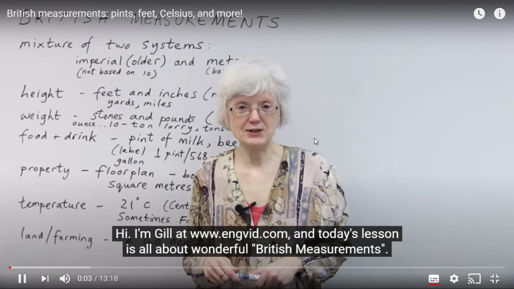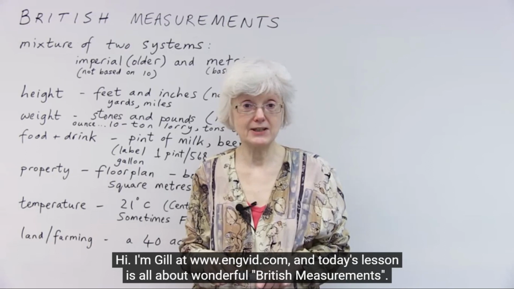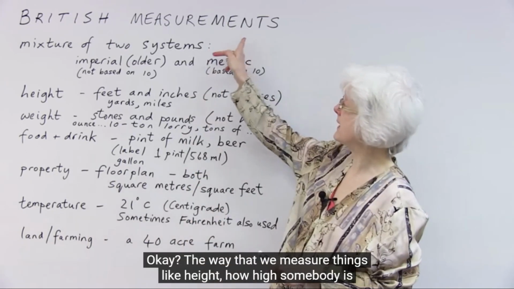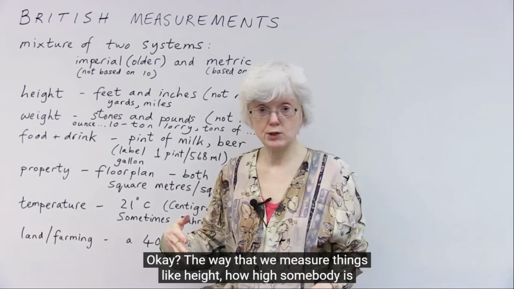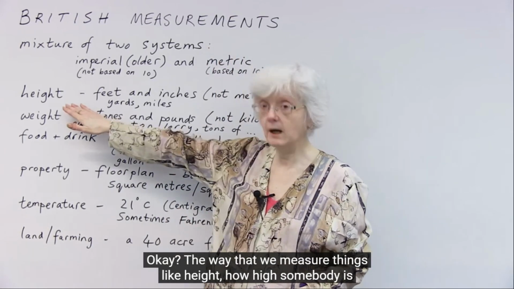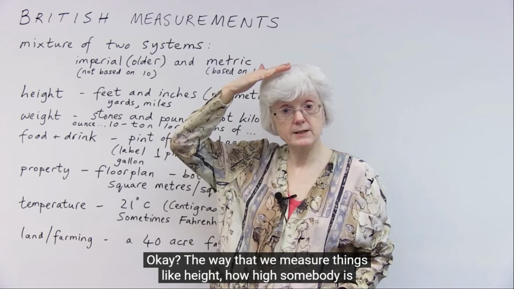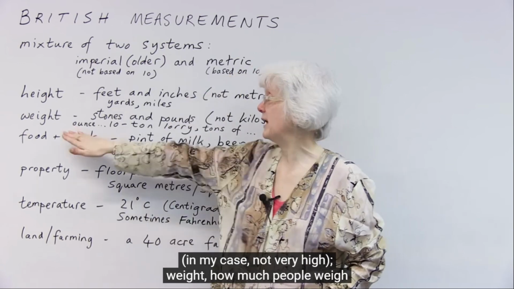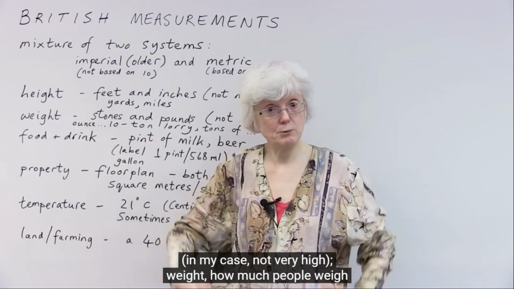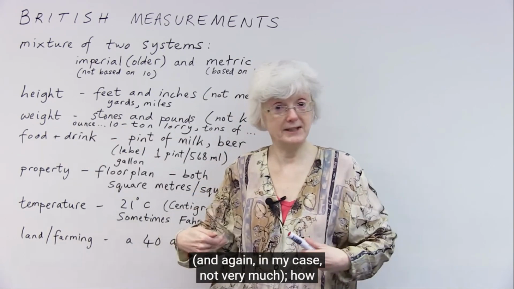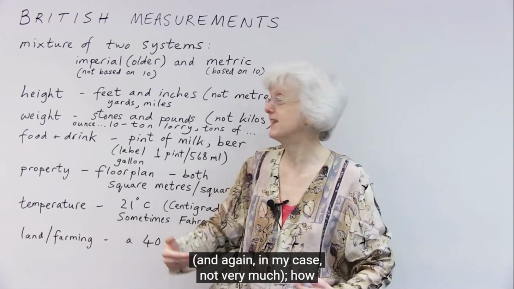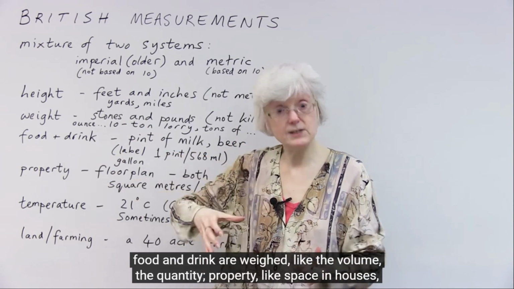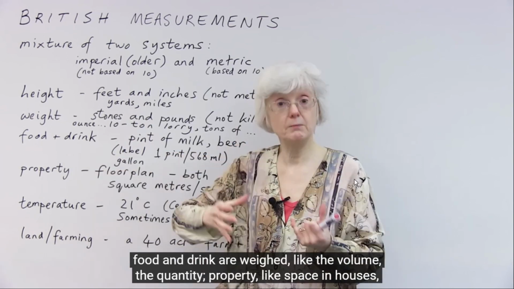At ingvid.com, and today's lesson is all about wonderful British measurements. Okay, the way that we measure things like height, how high somebody is. In my case, not very high. Weight, how much people weigh, and again, in my case, not very much. How food and drink are weighed, the volume, the quantity.